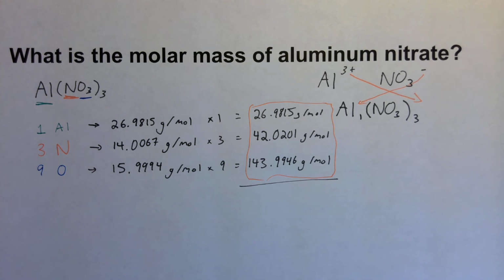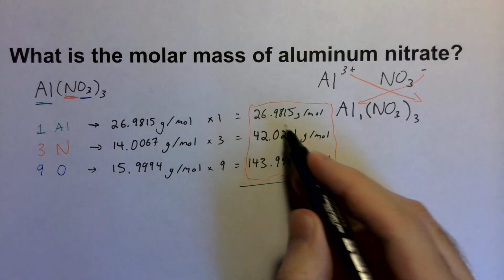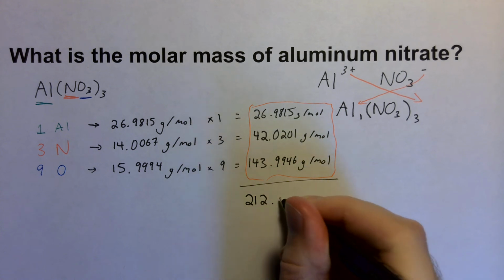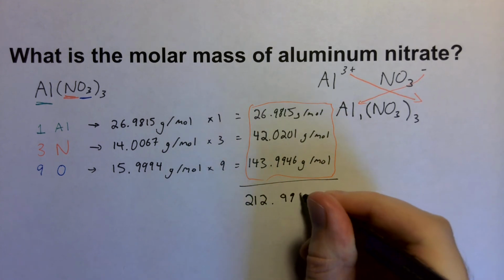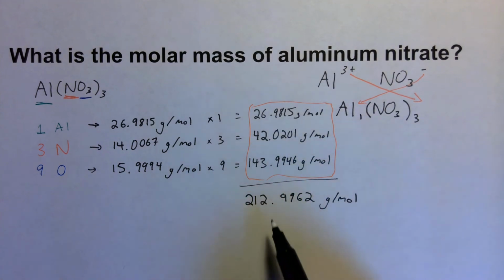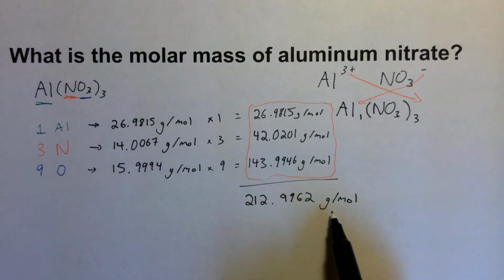I recommend having a really good scientific calculator with you to make this a really quick job. And then when you add these three values together, you will get 212.9962 grams per mole.